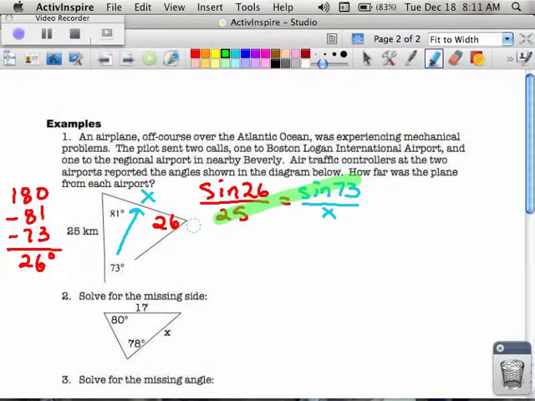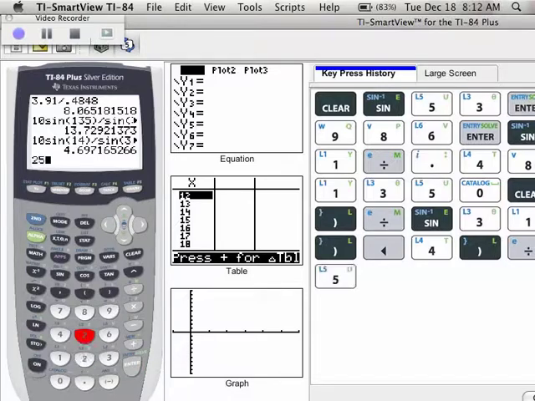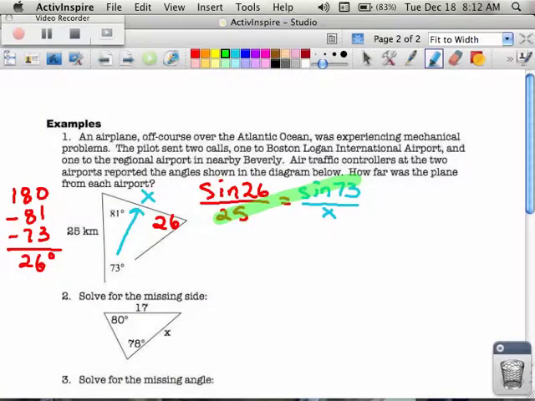So I take 25 times the sine of 73 and divide by the sine of 26. Don't forget your parentheses. I get 54.54. It's weird how we're getting a lot of the same numbers right in a row. 54, 54. So I get x.